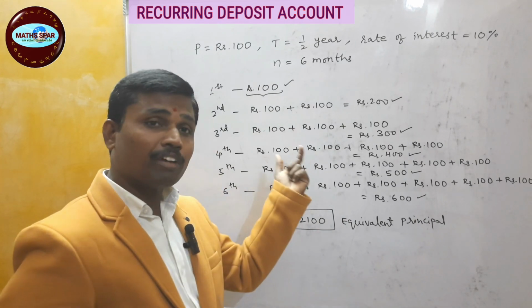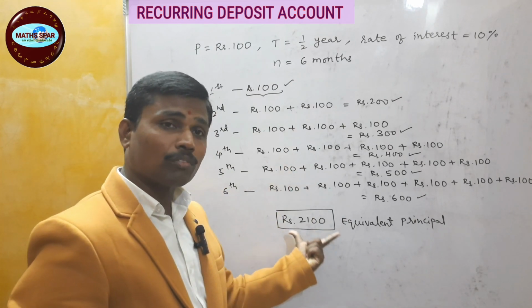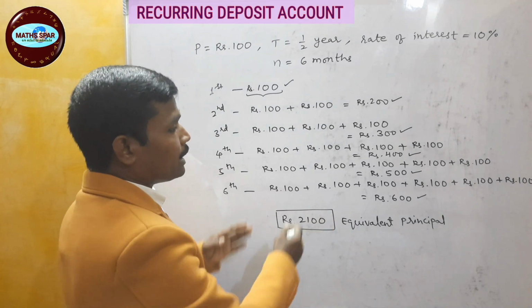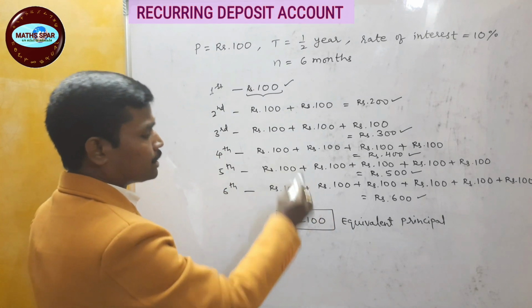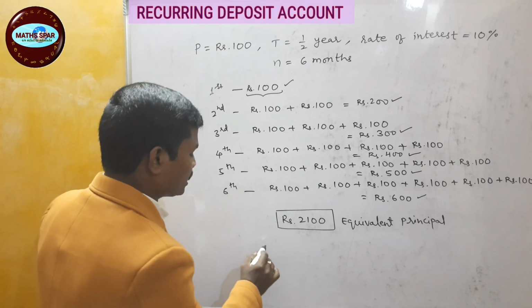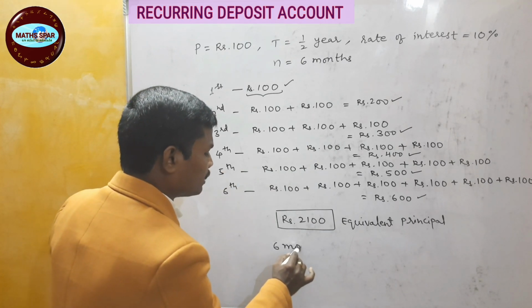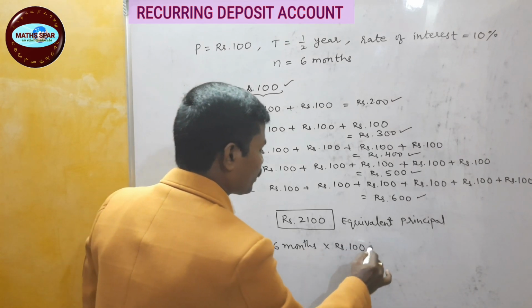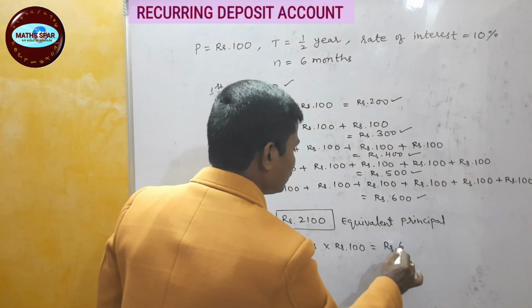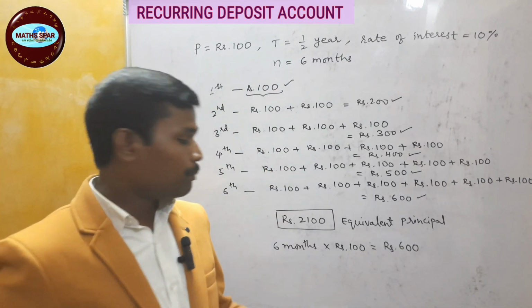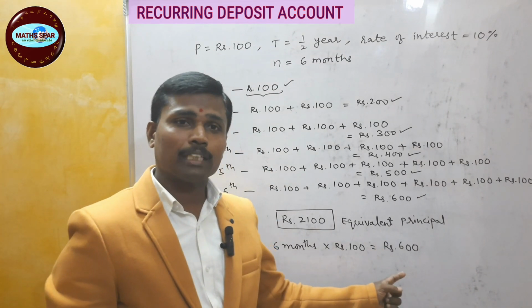Will the investor get this 2100 rupees into his hand? No, because how much money he has deposited on the whole? Every month 100 rupees he has deposited. So 6 months, every month he has deposited 100 rupees. So he deposited only 600 rupees.